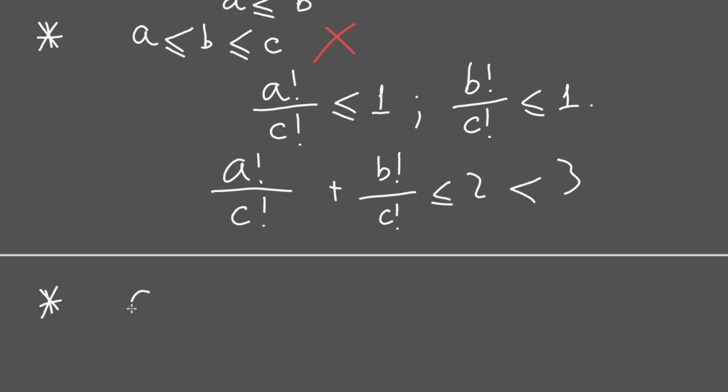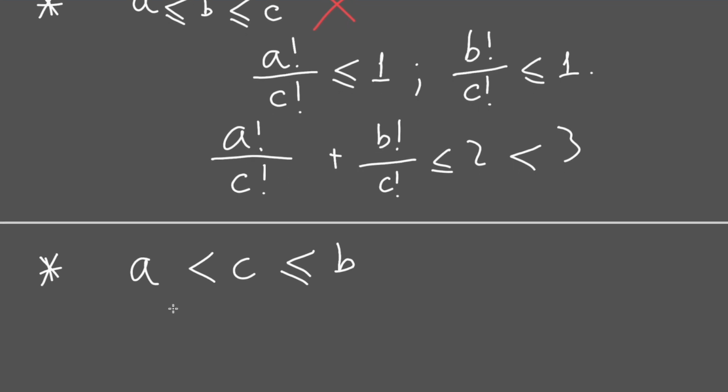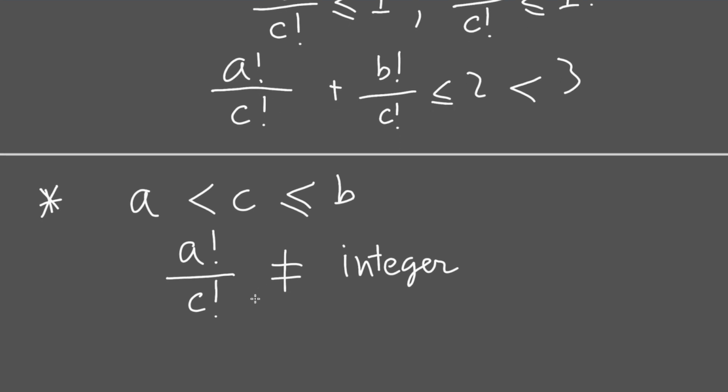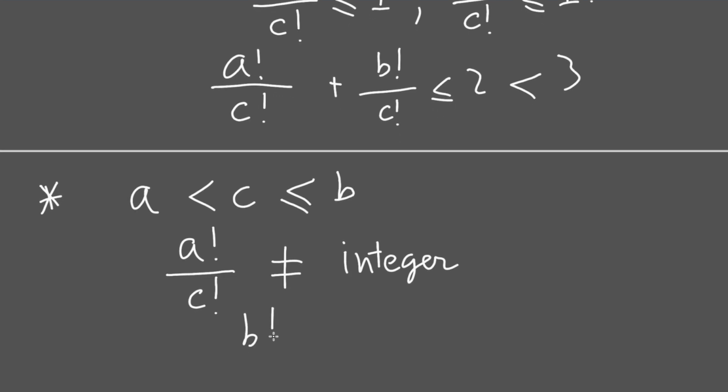We have a < c and b ≥ c. If so, a!/c! is not an integer, it is a rational number, while b!/c! is an integer.